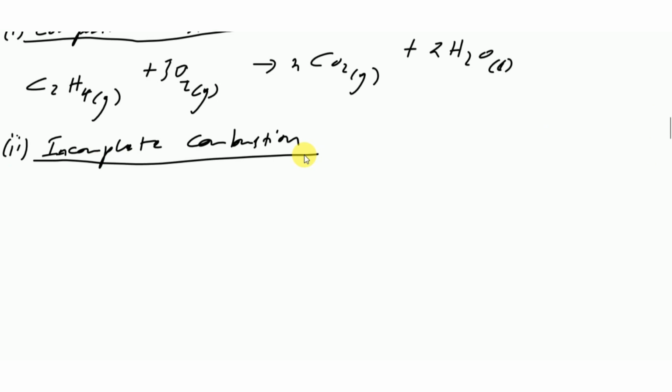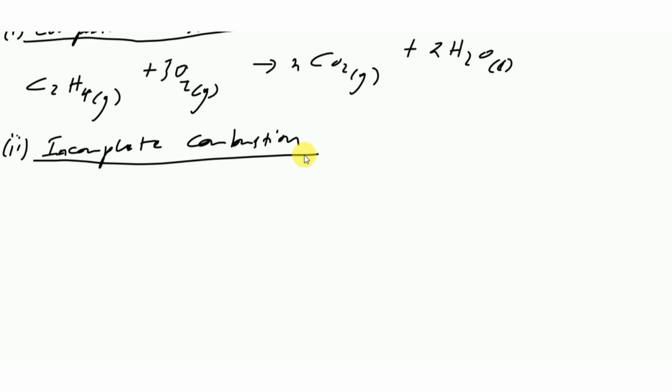So incomplete combustion occurs when there is no good amount of oxygen, or there is insufficient oxygen that will react with the alkenes. And when they react, they'll produce carbon monoxide plus water plus heat.